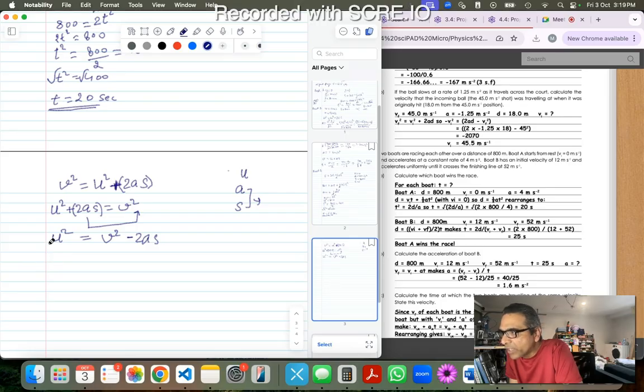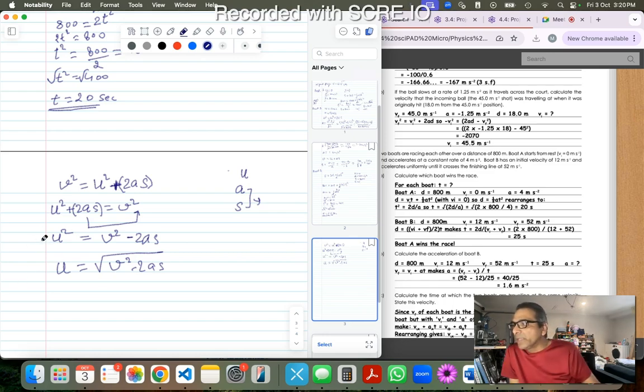If I take the square root of u square, it gives us u. So u is equal to the square root of v square minus 2as. So this will solve for u.